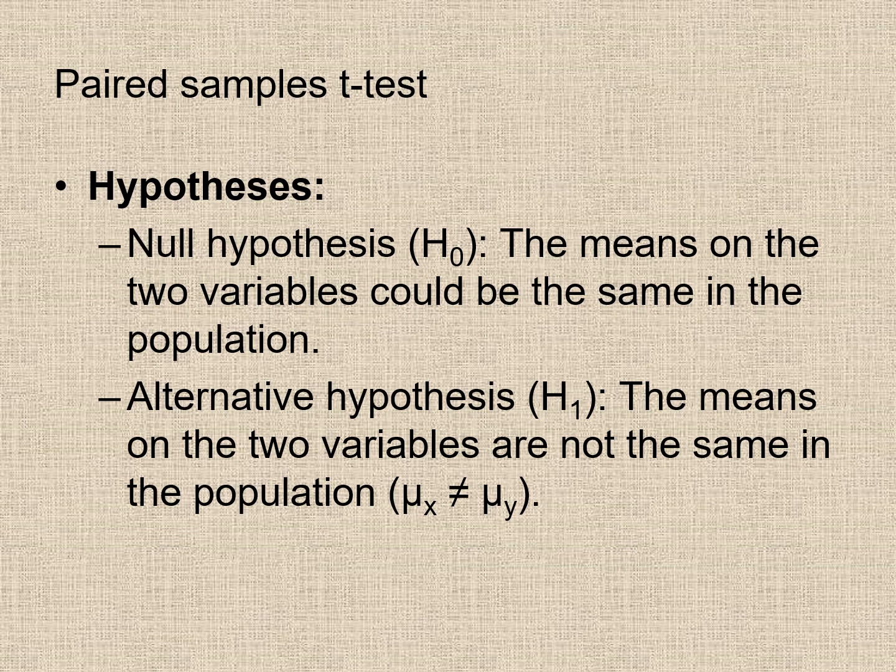So the mean, for instance, on degree of depression before and after treatment can be assumed to be the same. The alternative hypothesis says the opposite: the means on the two variables are not the same in the population. For instance, the average level of depression cannot be assumed to be the same before and after the treatment.